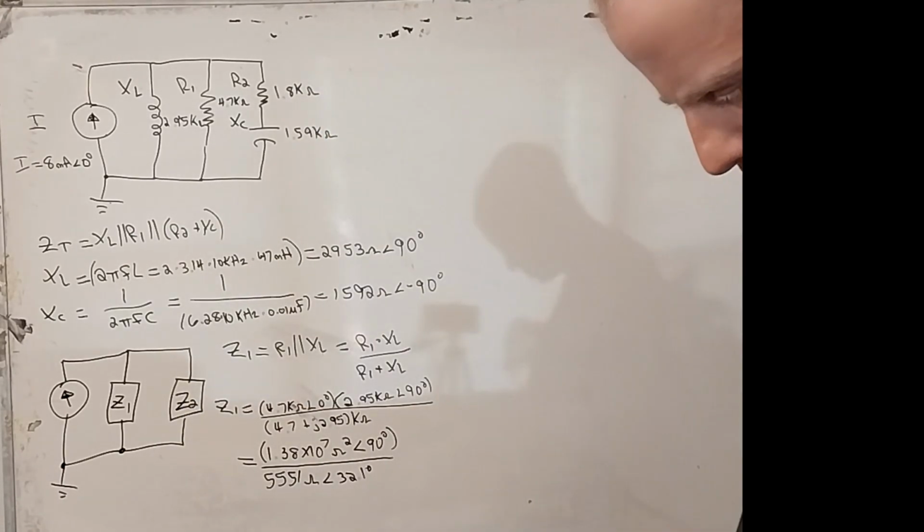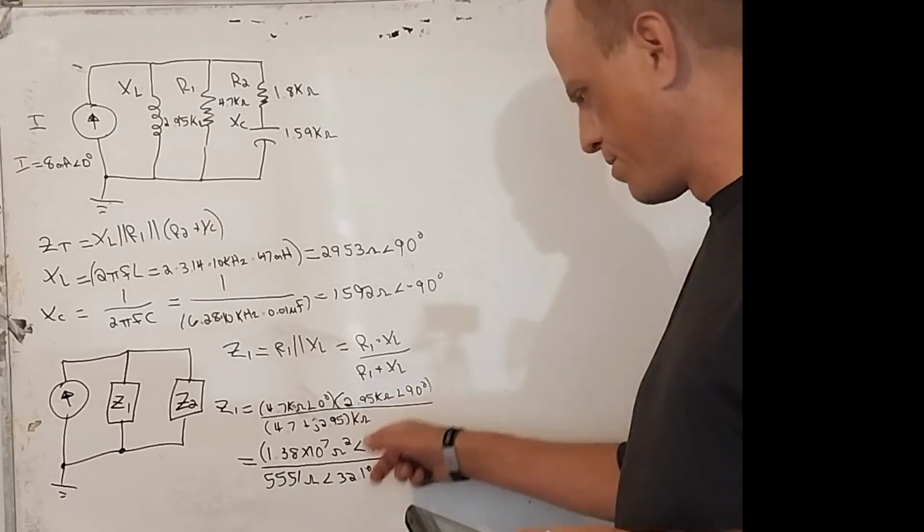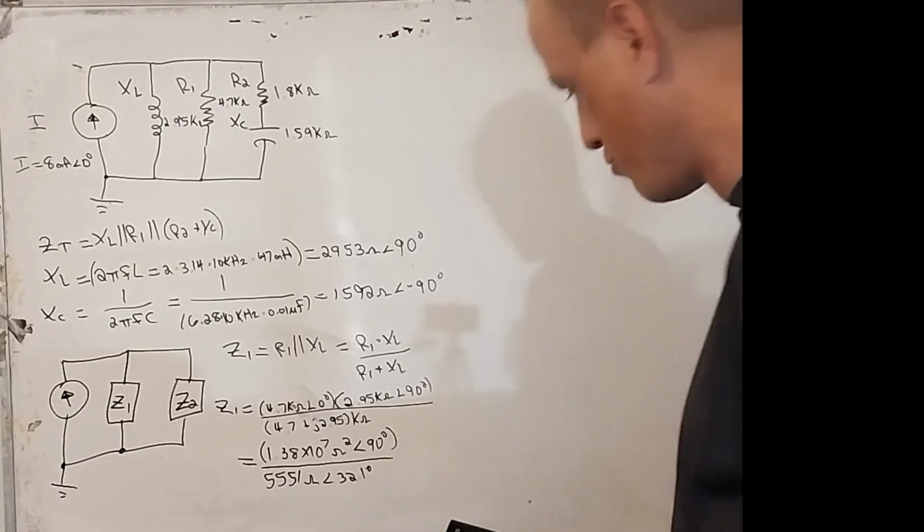All right. And I got 5549 if I just used 4700 and 2950. So that extra 3 brought it up 2 values. So that's pretty significant to me.